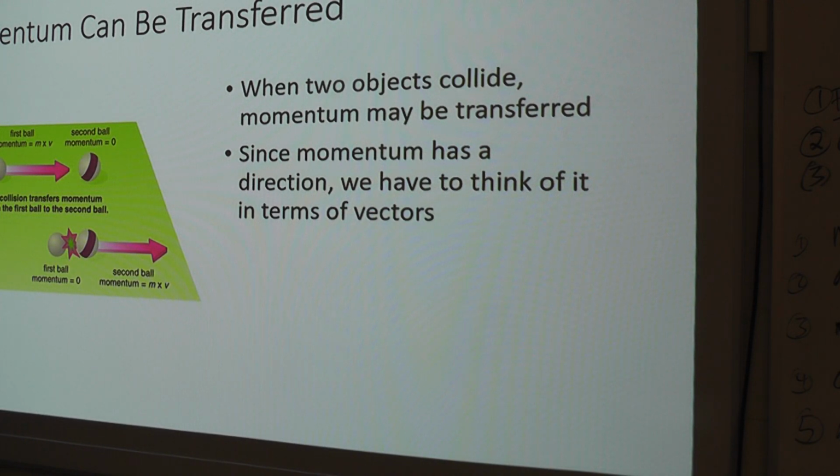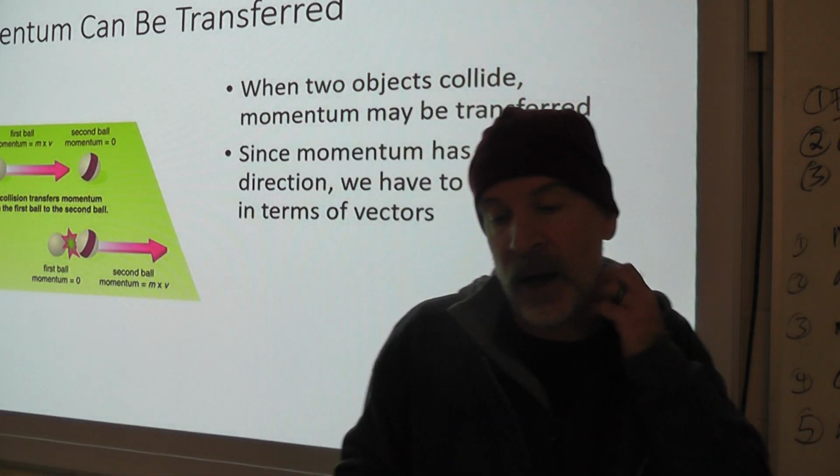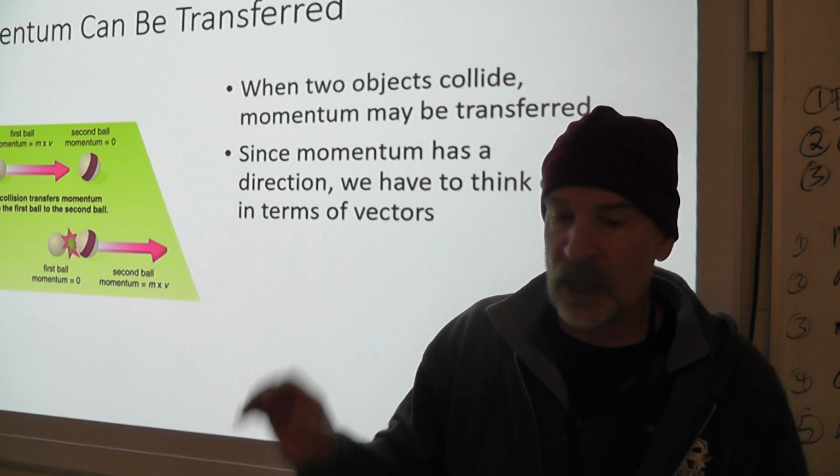So we'll think about how much rightward momentum an object has, or how much leftward momentum an object has, and we'll think about those being transferred. I could give some of my rightward momentum to something that I bonk into, or something could give me some of the leftward momentum that it has. So those are the things that we'll look at, the transfer of momentum and the direction of the transfer of momentum.